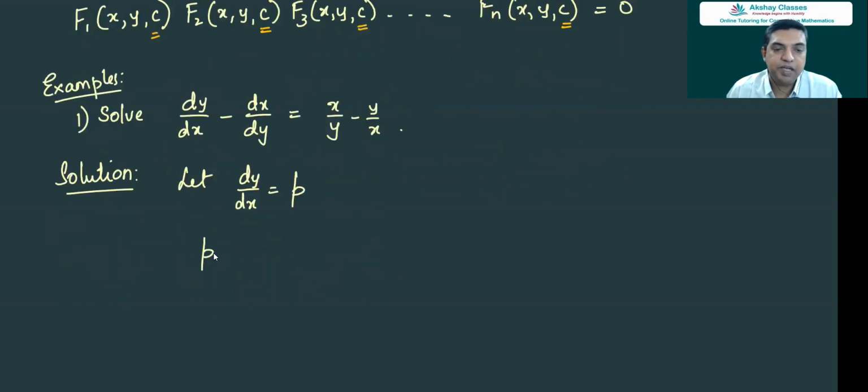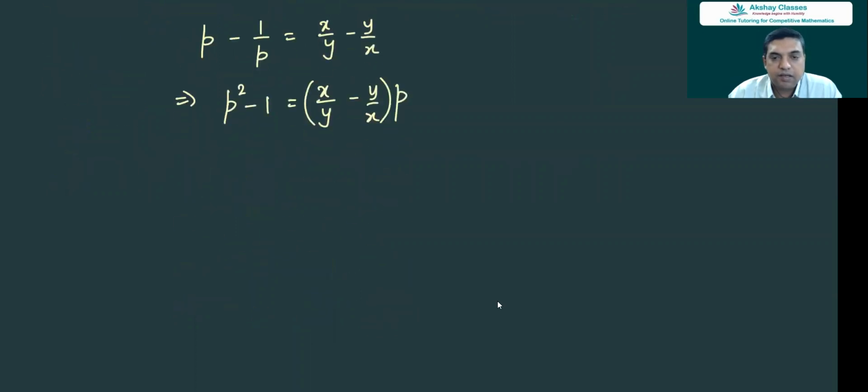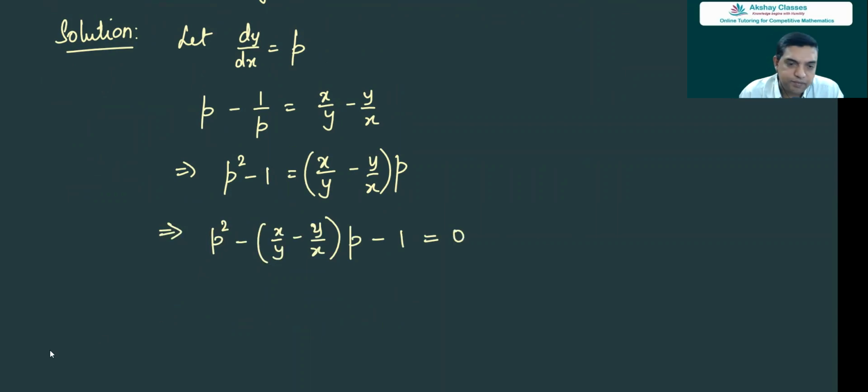So this becomes p minus 1 by p is equal to x by y minus y by x. So we get p square minus 1 is equal to x by y minus y by x times p. So this is p square minus x by y minus y by x times p minus 1 equal to 0.